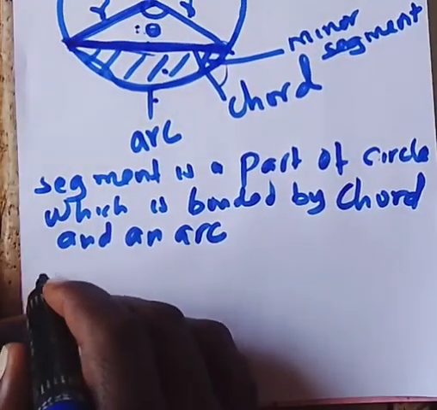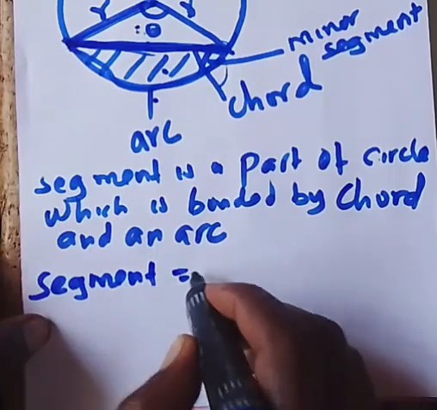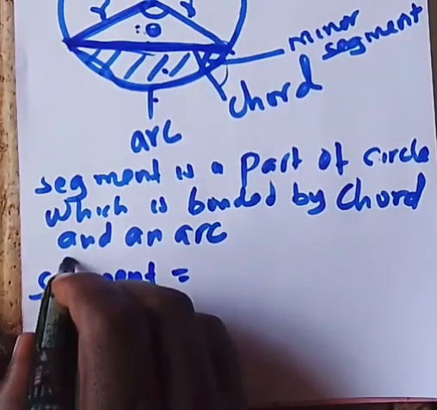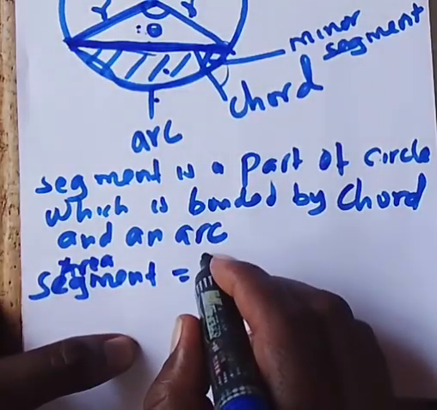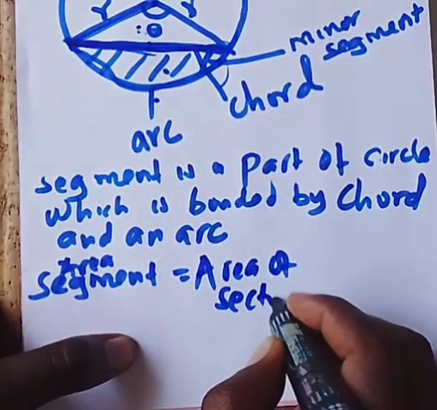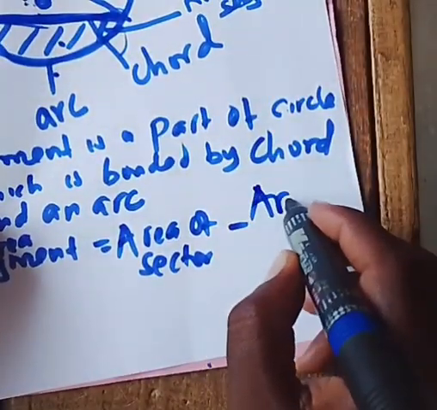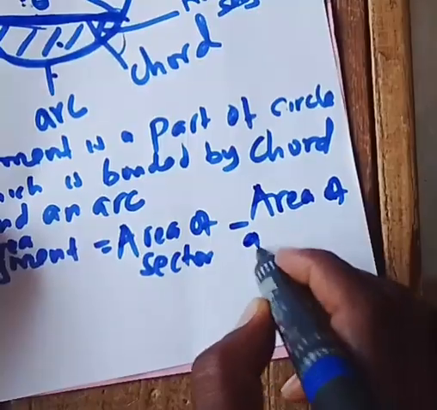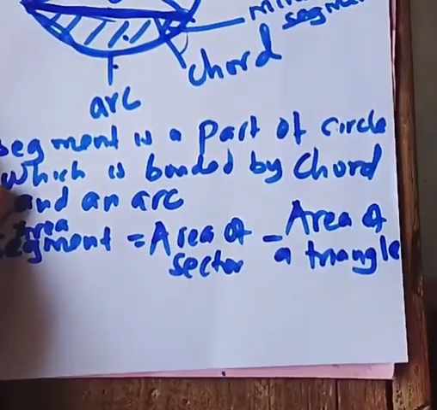So if you want the segment, this is the area of our segment. You must take the area of the sector minus the area of the triangle.